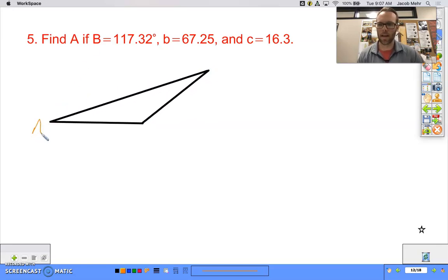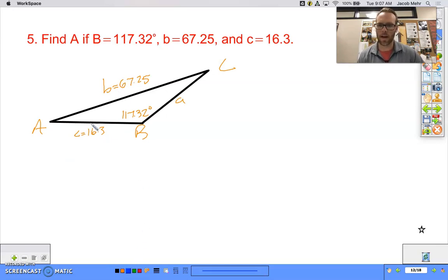I'm going to call this A, this B, this C. This is 117.32. Side B is 67.25, and side C is 16.3.